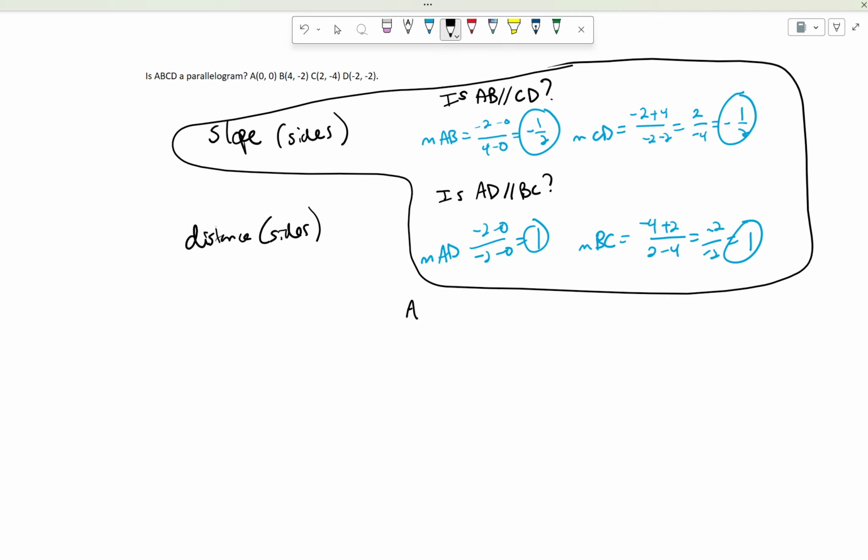So we need to show through 4 distance formulas, which are going to be AB, which would match up with CD, and AD and BC are all going to be congruent pairs. All right. Now, AD, let's see, AB is, let's see, -2 minus 0.